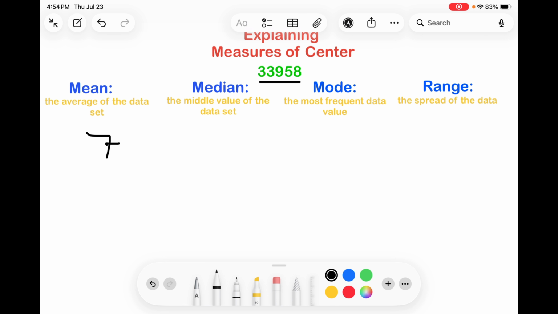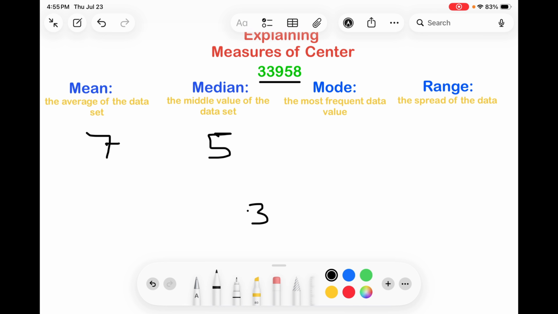So the mode is the most frequent data value. Like I explained earlier in the line plot situation, 3 was the most reoccurring number because there were 3 of those numbers, and it was the most compared to the rest. The others only had 1 or 2 of that same number. So in this data set, which data value repeats itself the most?